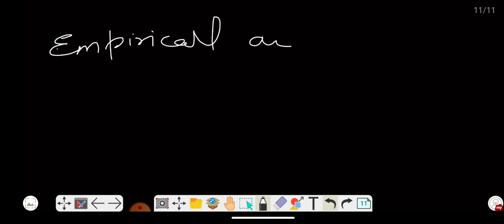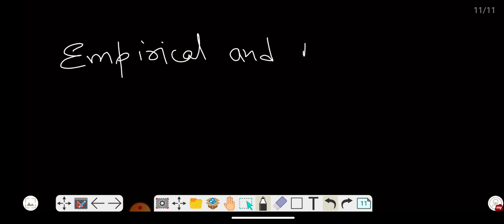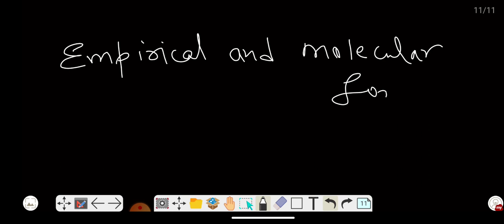Third point, we have empirical and molecular formula. Now what is the empirical formula?